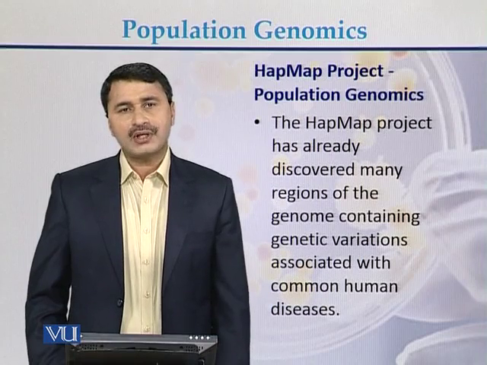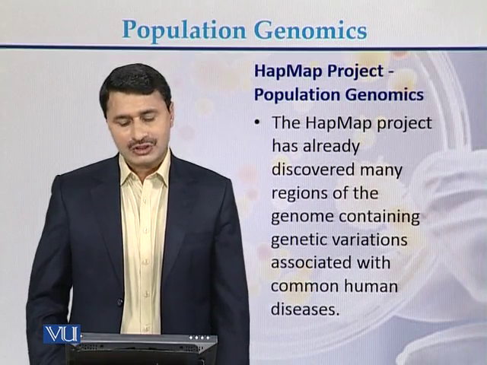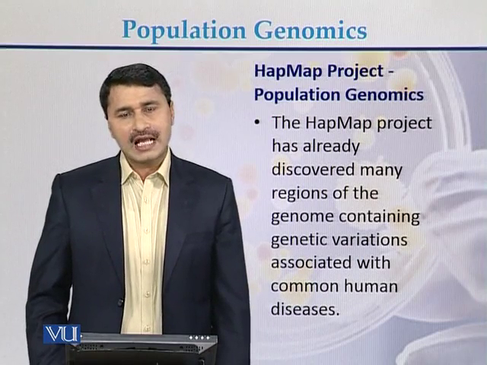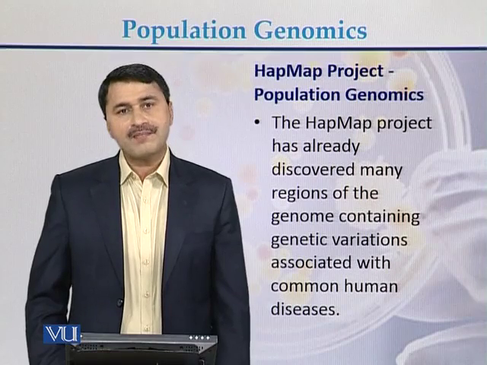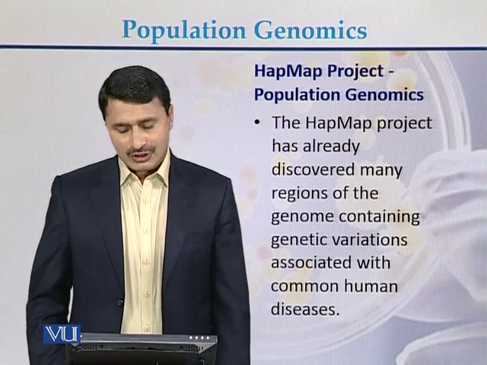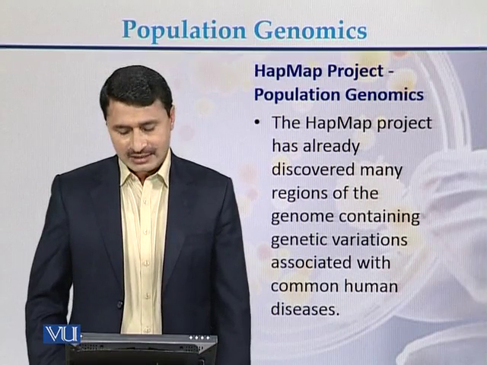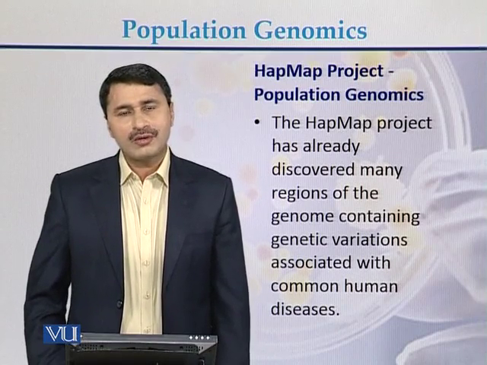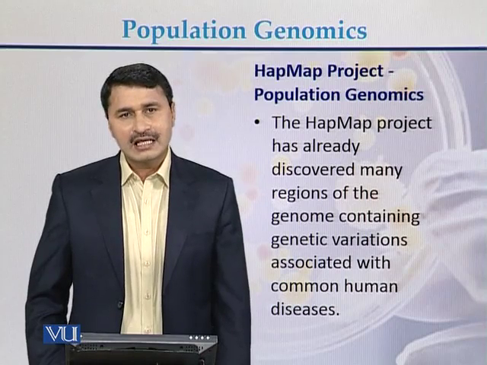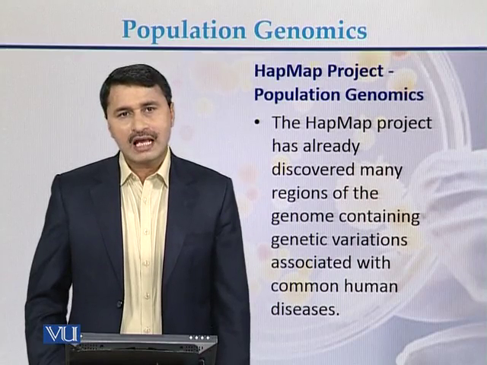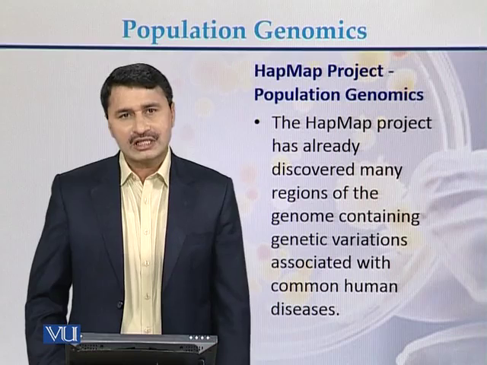The second example of population genomics is the HapMap project. The HapMap project has also discovered many regions on the human genome which are associated with many diseases, like the most common diseases, cancers and diabetes. The HapMap project has identified and revealed those variations.